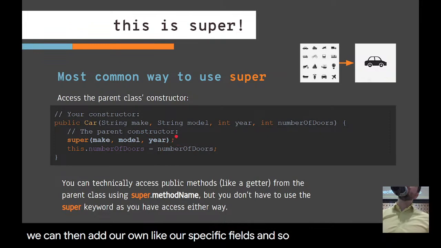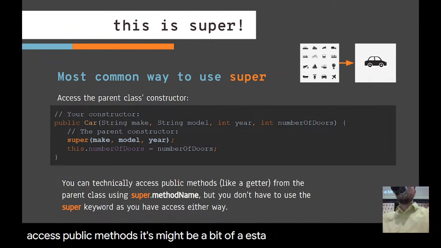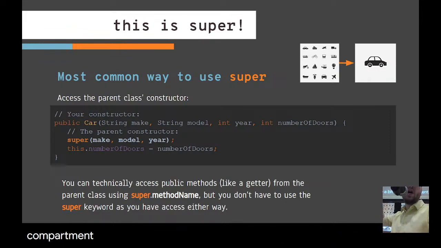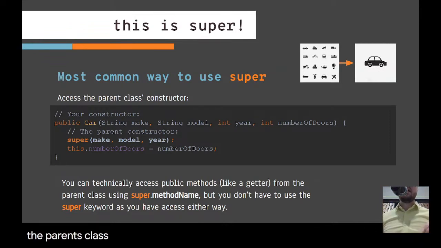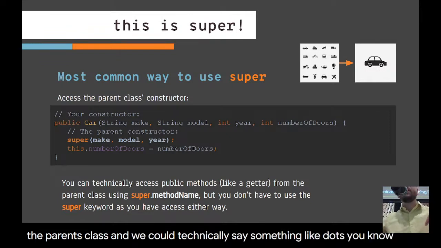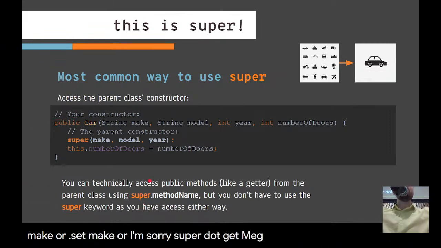And so you can technically access public methods. This might be a bit of a tangent, so try to compartmentalize this. We can technically access a getter or a setter from the parent class. We could technically say something like super dot get make and super dot set make.